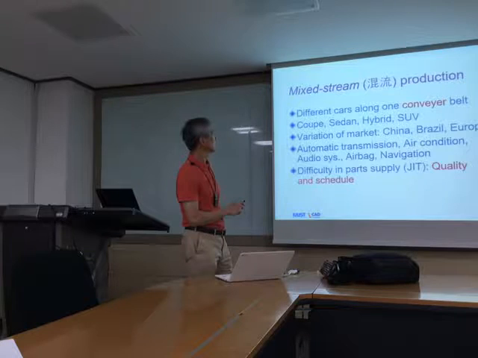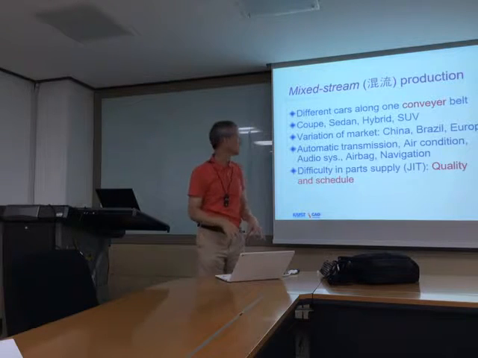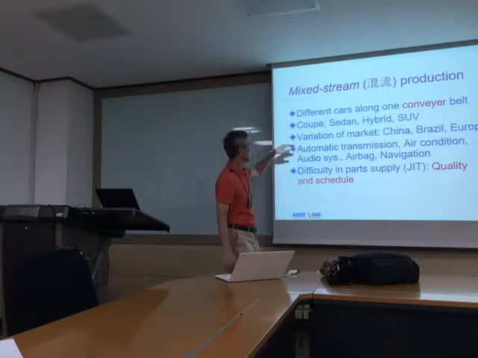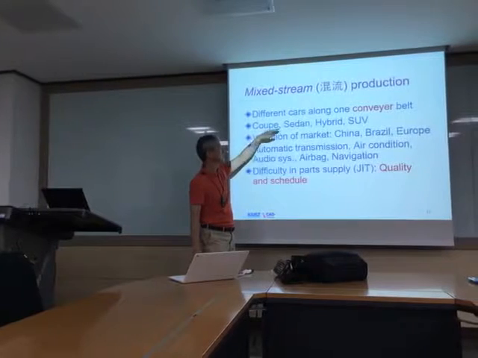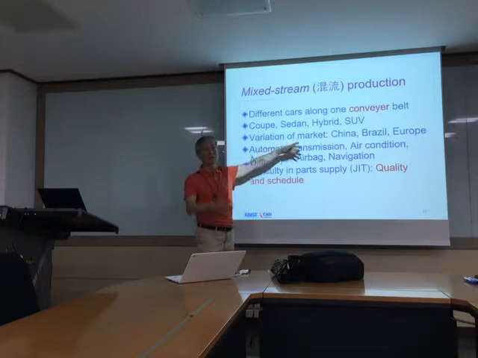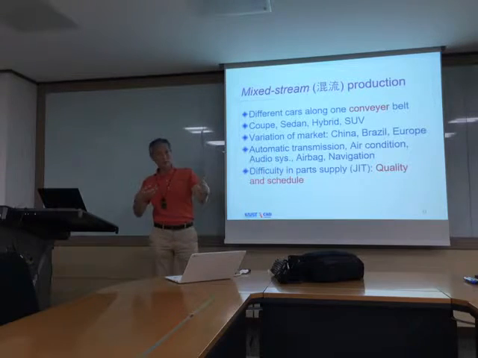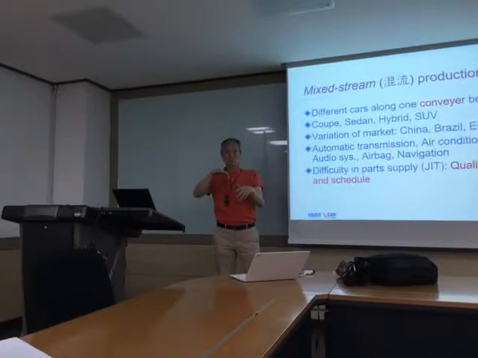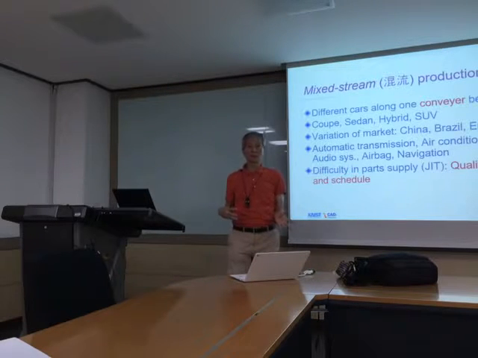Mixed stream production, I already said that different cars come along the one conveyor belt inside the factory. It can be a Sonata Coupe, Sonata Sedan, or hybrid SUV coming along the conveyor belt. So a mixture of products comes along the assembly line.